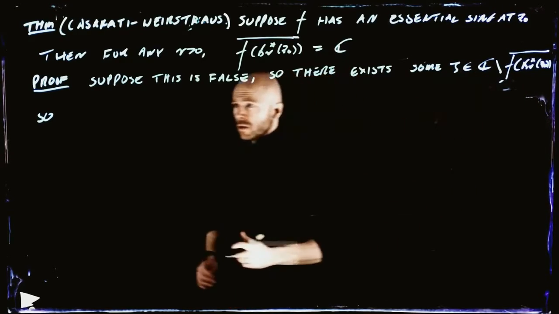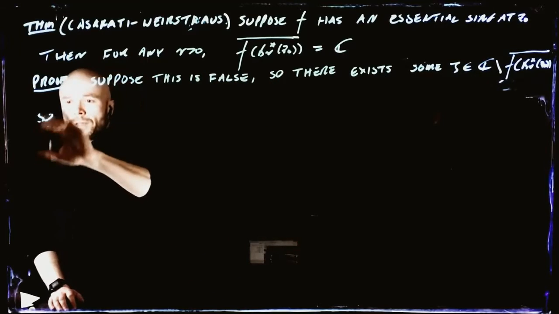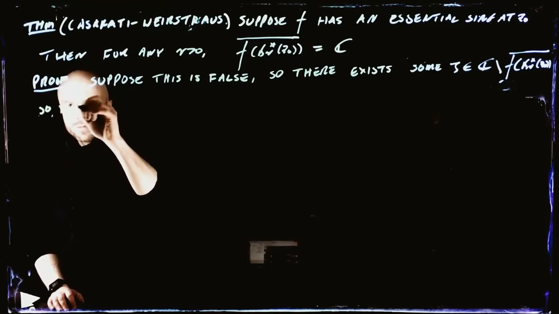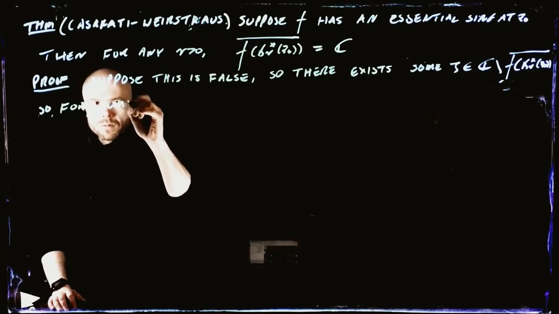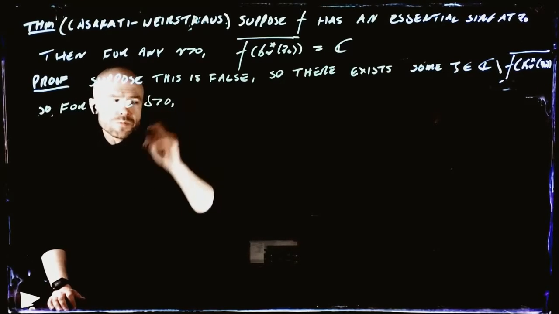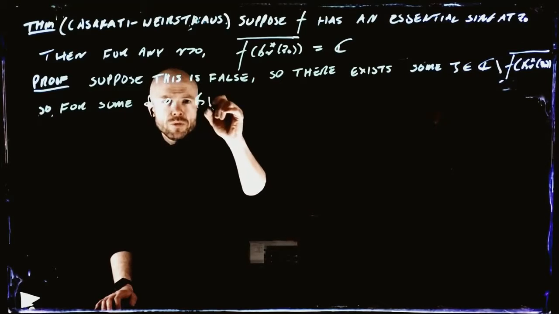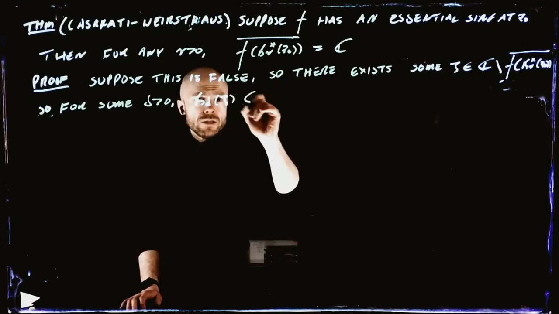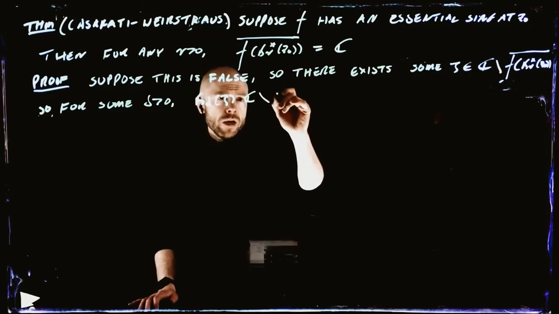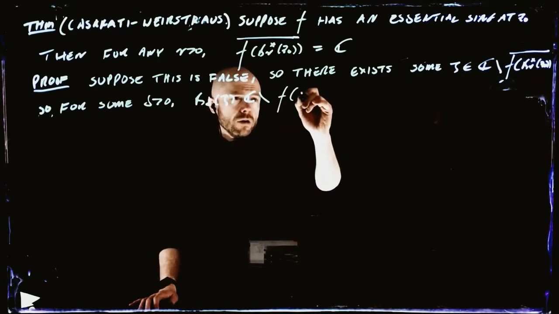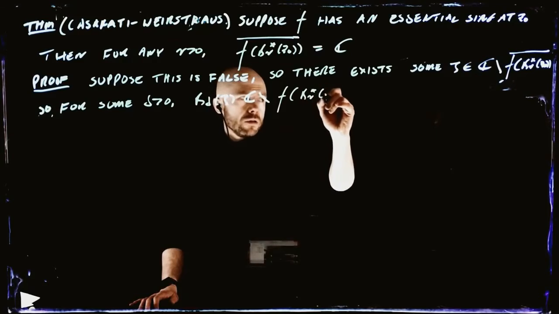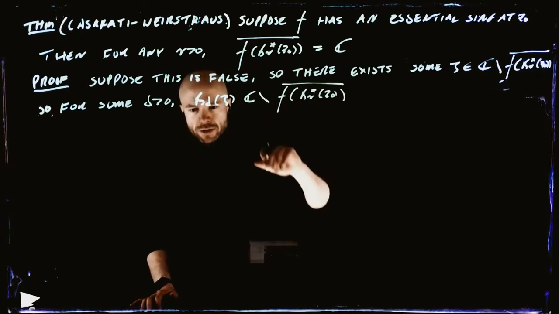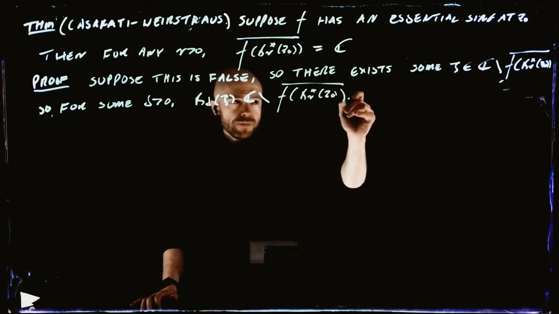So we actually have that there's a ball around zeta which is inside the complex plane take away the closure of this thing, again just because this entire thing is an open set.